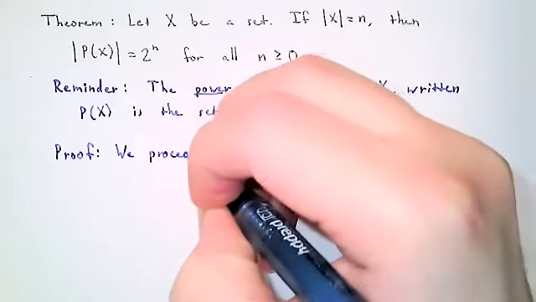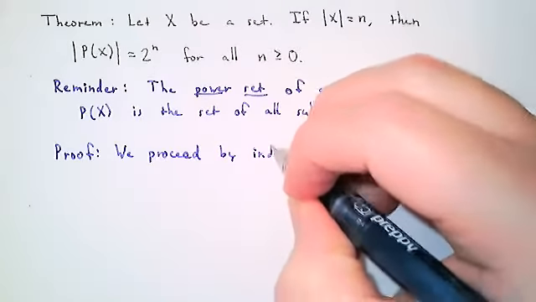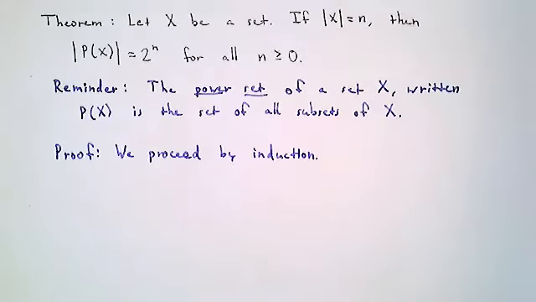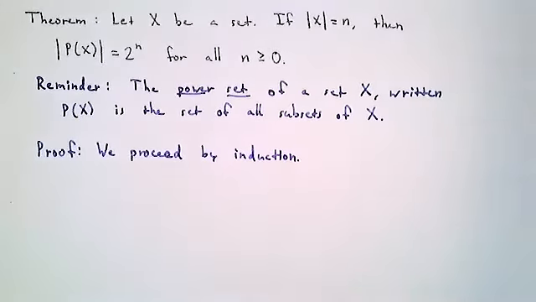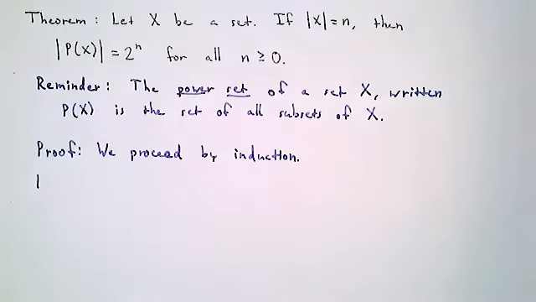So first of all, we tell the reader that we're going to use induction. And then the way that I like to organize my induction proofs is by writing out the two steps.